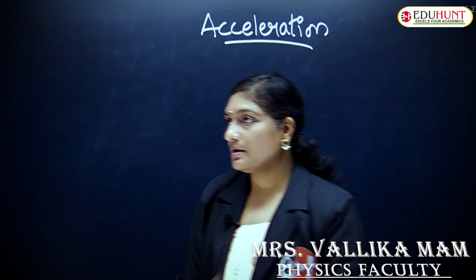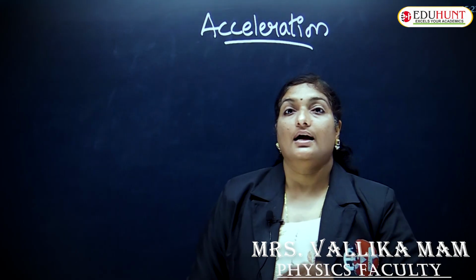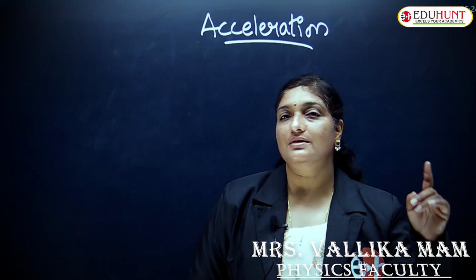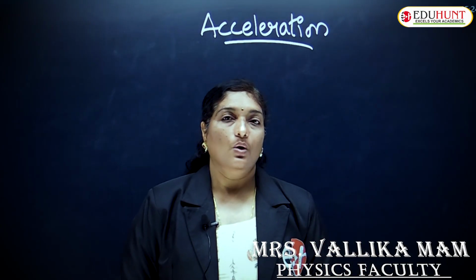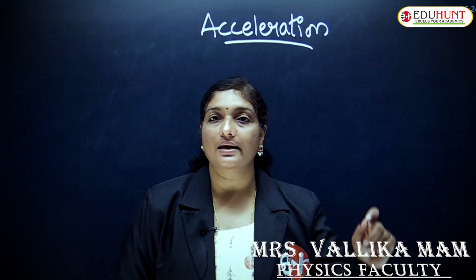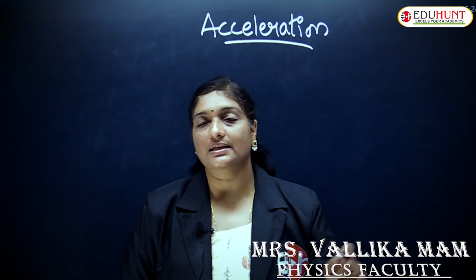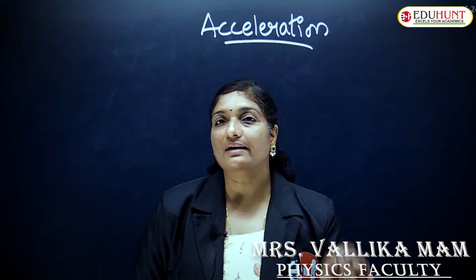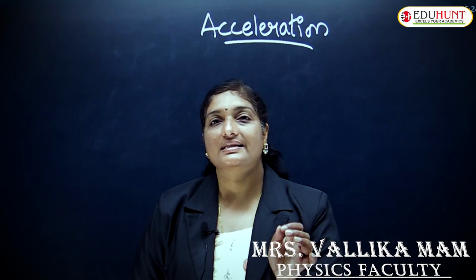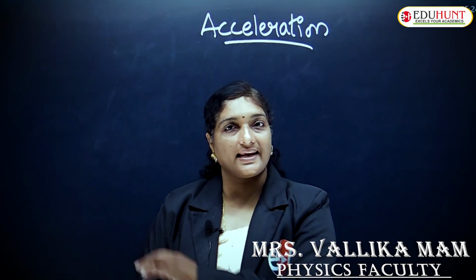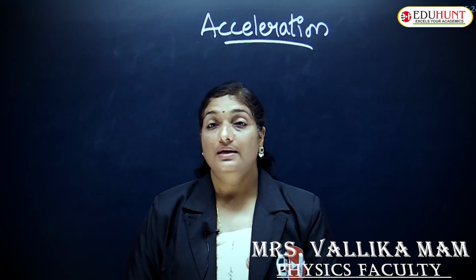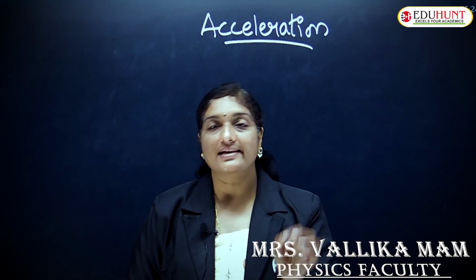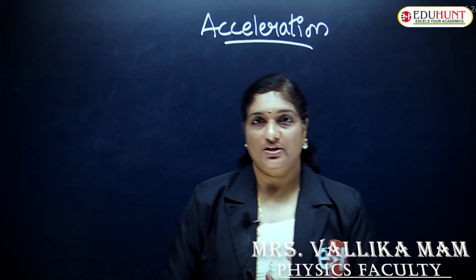Okay, children. So, what is acceleration? The increase in velocity per unit time is called acceleration, whereas the decrease in velocity per unit time is called deceleration. So, negative acceleration itself is called deceleration or retardation.